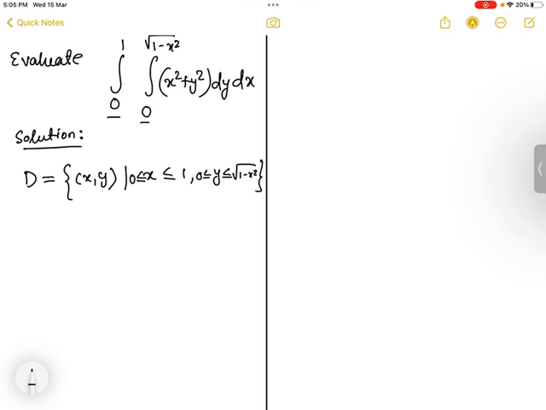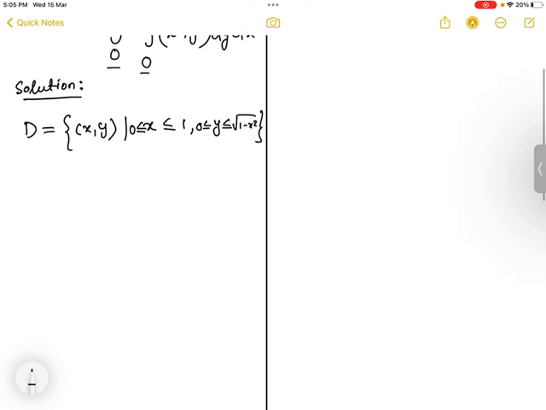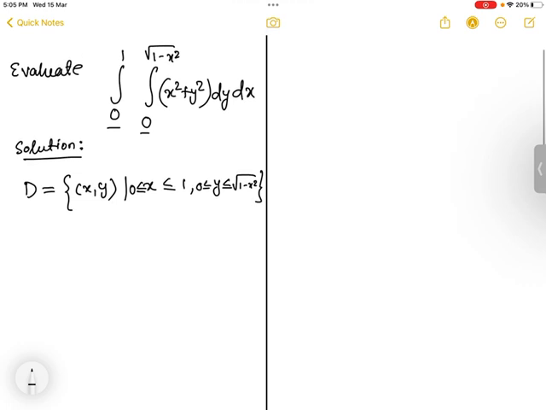Okay, so if you try to draw the region, how does it look like? This is the xy plane, assume, so x is from 0 to 1 and y is varying from 0 to this one, this is actually y equal to square root of 1 minus x square.